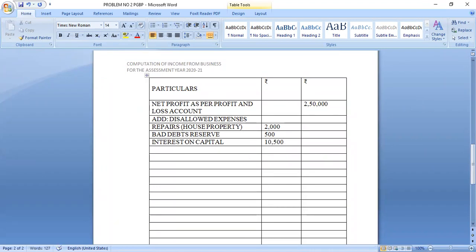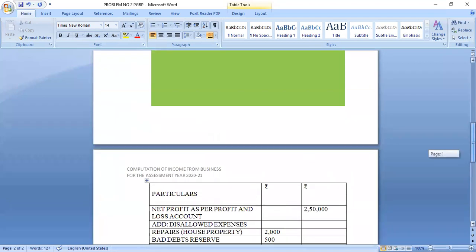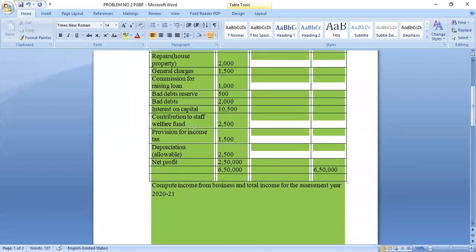Now for accounting purpose, it is allowed. But for income tax purpose, you have to pay tax on income from business. For income tax purpose, interest on capital is not considered as a business expense, according to the Income Tax Act 1961. Make a note of this. Next, contribution to staff welfare fund, it is allowed, business expenses.